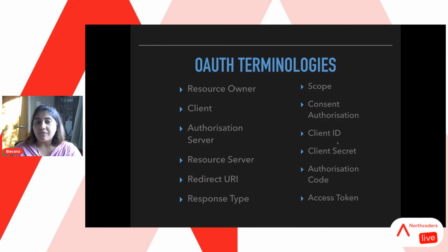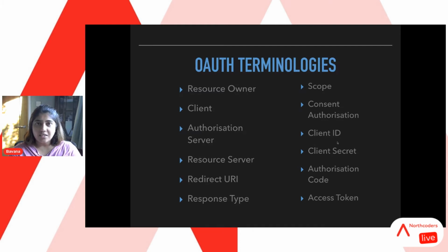For example, if you go into Airbnb and they make a request to Google or whoever you want to use credentials from, the client would be Airbnb at that point. And then you have an authorization server. This can be part of the resource server, but it doesn't always have to be. Some services which are too small tend to use a third-party authorization server.